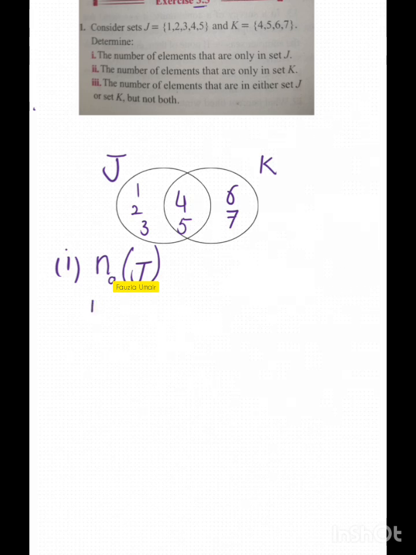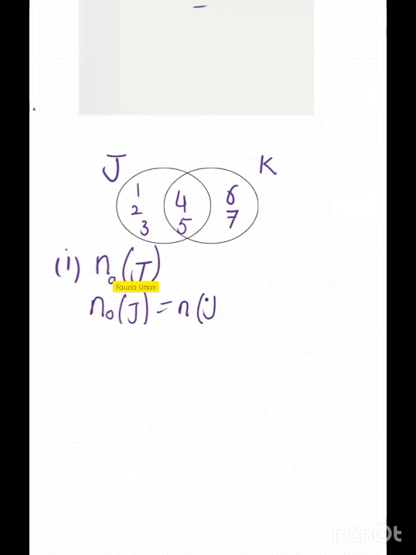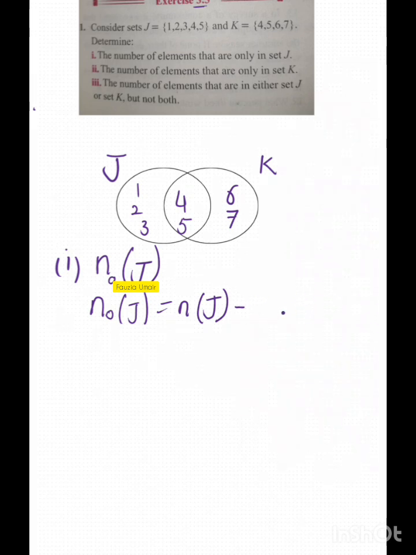So let's see. Number of elements which are only in J are basically equal to number of elements in J minus number of elements in J intersection K. So this makes sense: the total elements in set J minus the elements which are common in two sets.